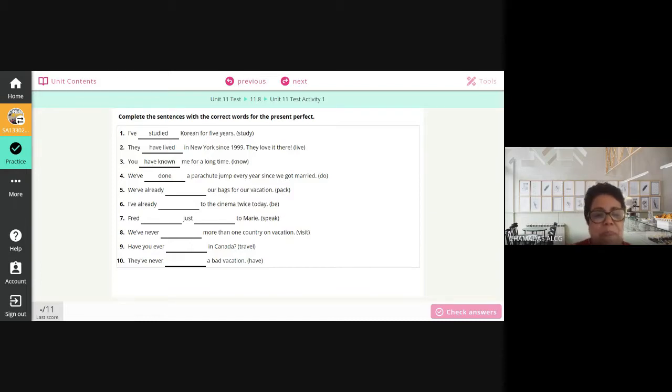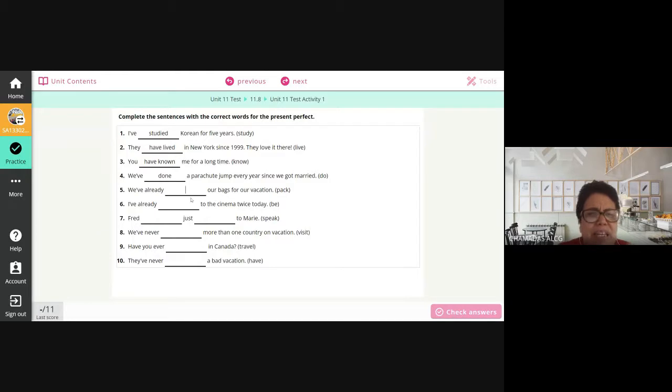Okay, now number 5. We've already our bags for our vacation. So here we have the auxiliary. It's there. So I don't need to include it. I just have to put the main verb. The verb is to pack.